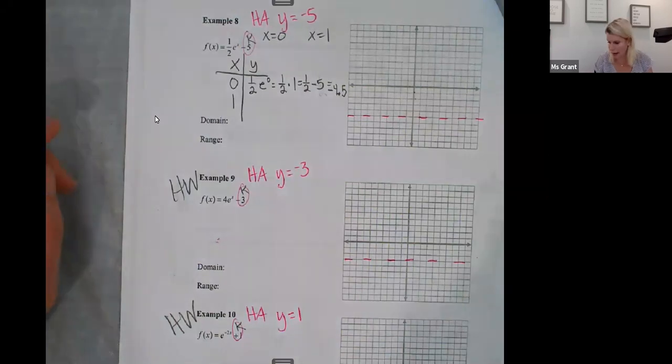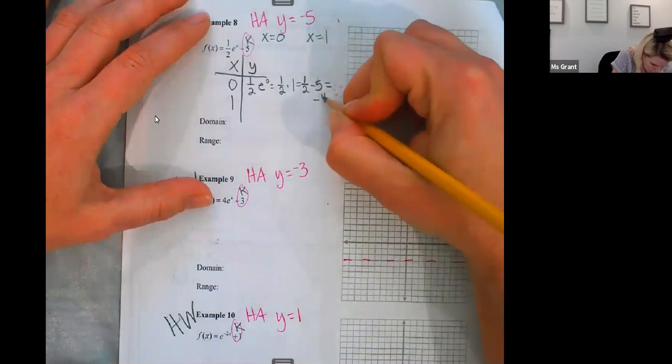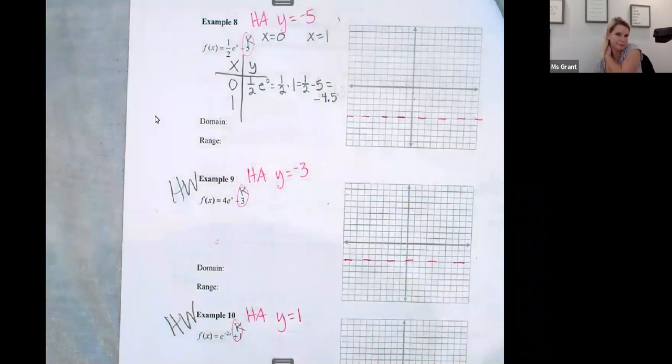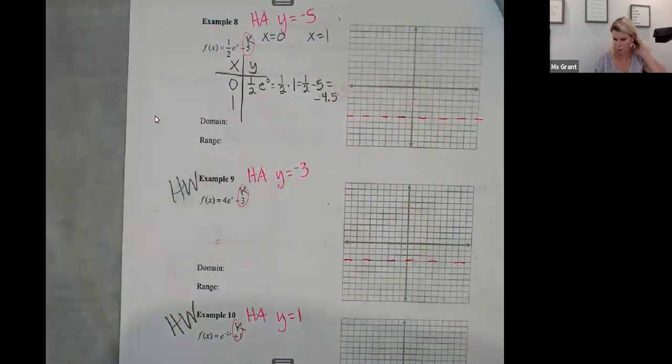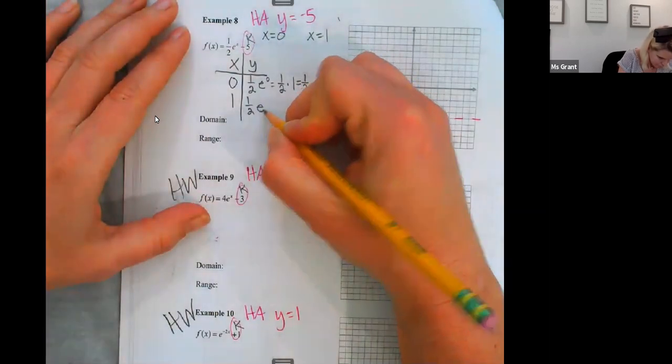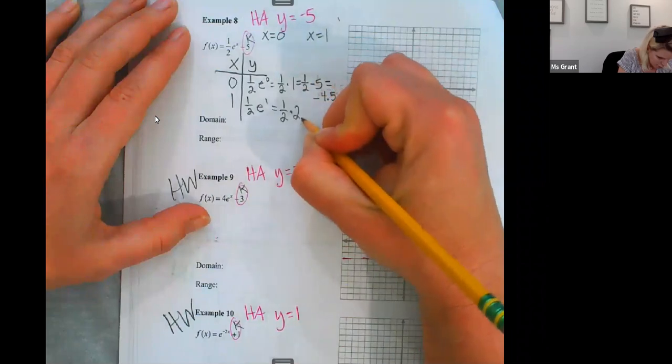And that actually looks really bad. I don't even like it. Okay. 1/2 e to the first. 1/2 times 2.7.